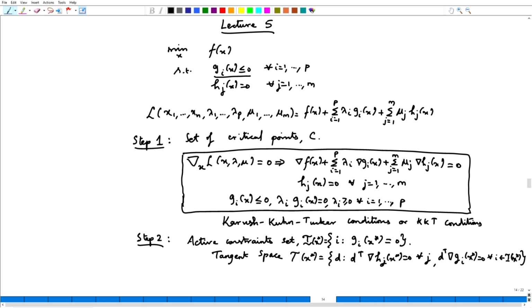Now, we have a similar set of conditions like what we had in unconstrained optimization.